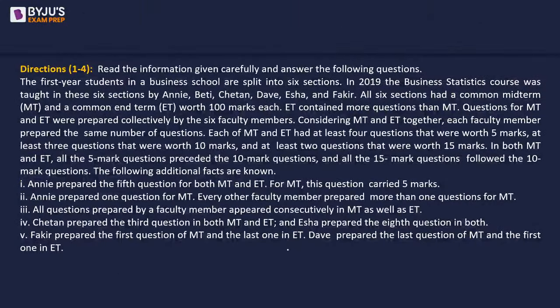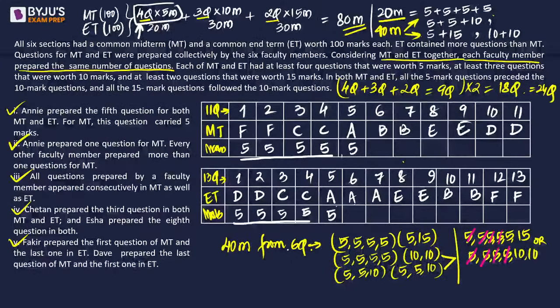Let's look at the main part. So far, what we know is that total marks is 200, right? If I look at C, C has prepared a 20 marks question, right?